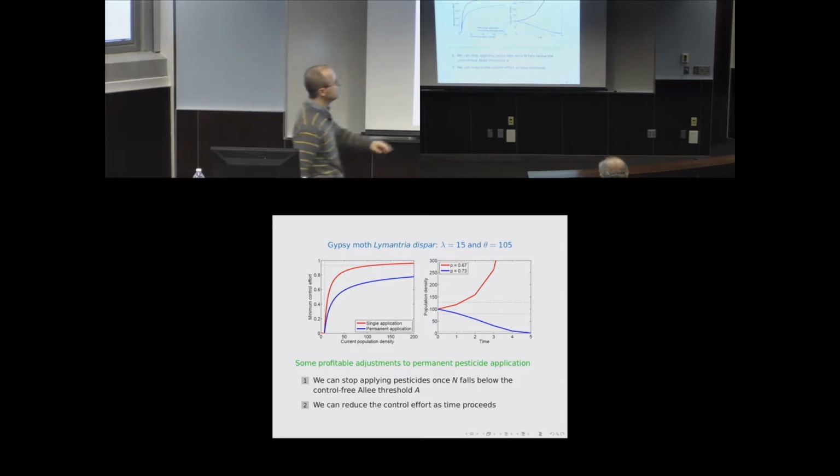So we have here two trajectories. The blue one is for a population density of 100, the current population density at the beginning.